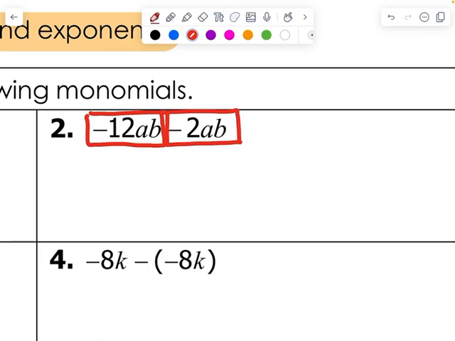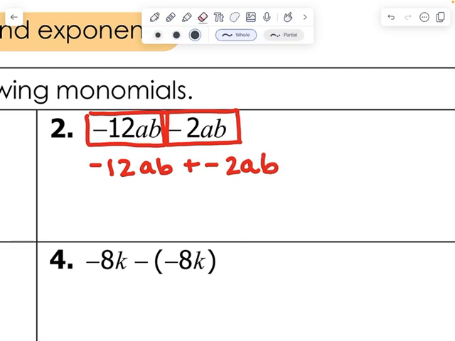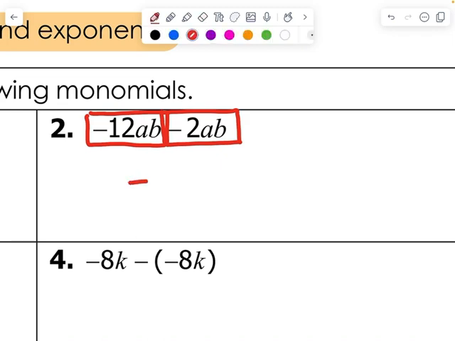So what we need to do is actually perform that subtraction. If you're worried about the subtraction, remember subtracting is the same thing as adding the opposite. But if we take negative 12AB minus 2AB, we're going to get negative 14AB.